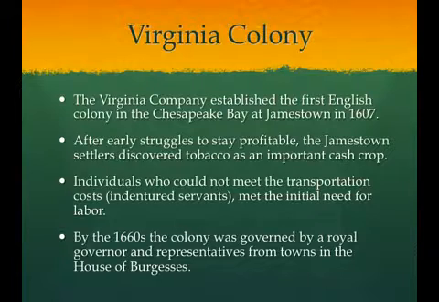First, we'll look at the Virginia colony. This is really the first, not the first attempt, but it's the first permanent settlement at Jamestown in the Chesapeake Bay region in 1607, established by the English. Initially, many people were looking for gold.